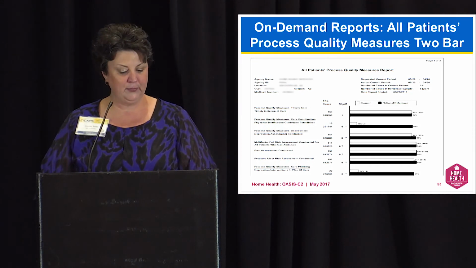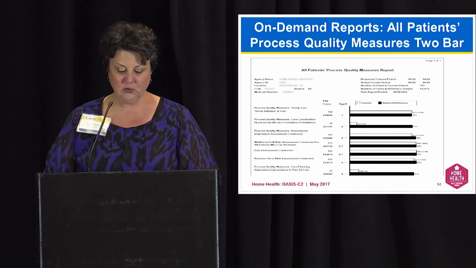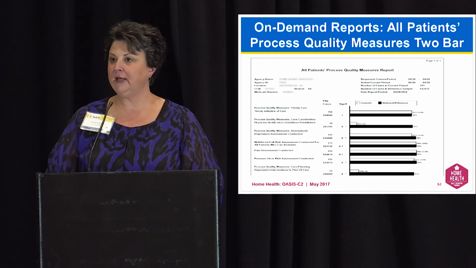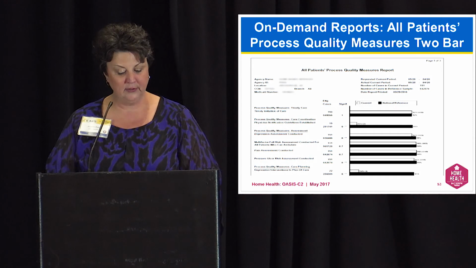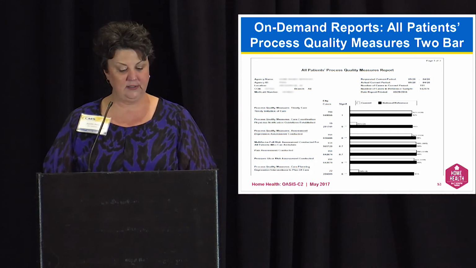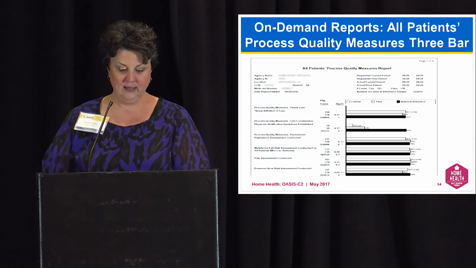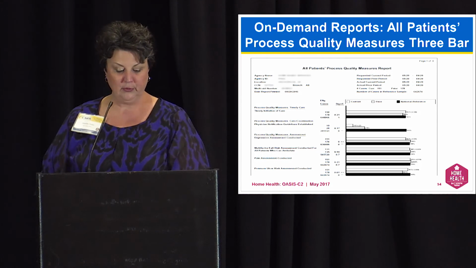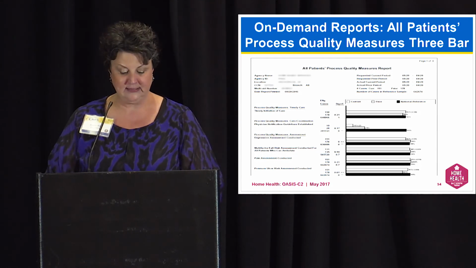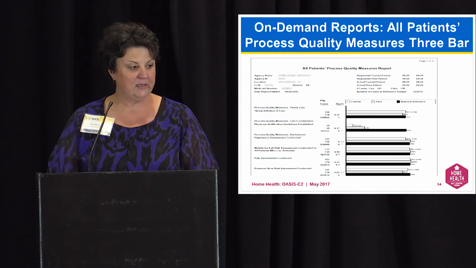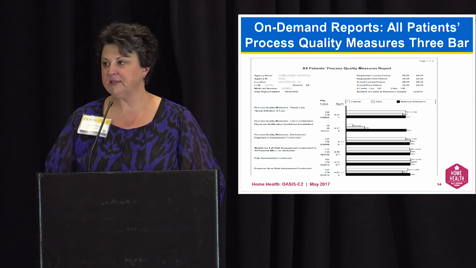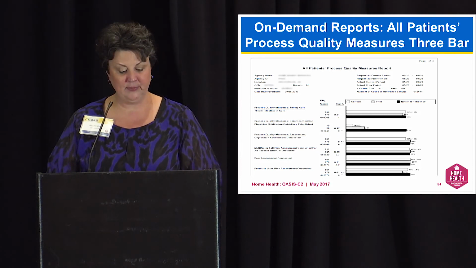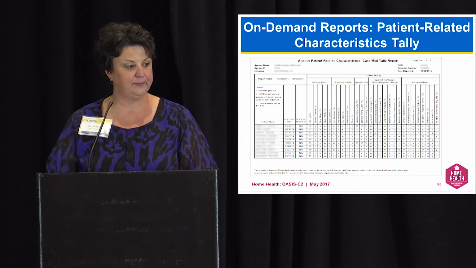So again, you've got your percentage of each process quality measure for episodes of care ending during a specific reporting period, along with the national percentages. And again, there's a 3-bar version of this report that also includes the prior period's data. And again, you've got your date ranges and the number of cases that appear in that upper right-hand corner.